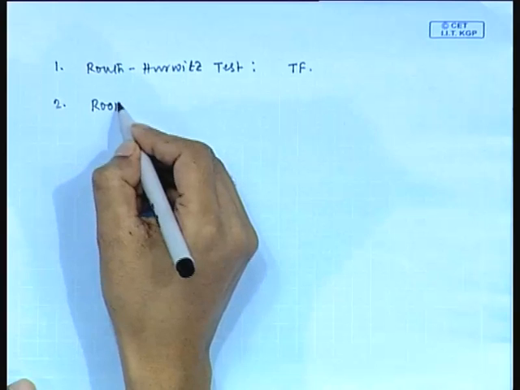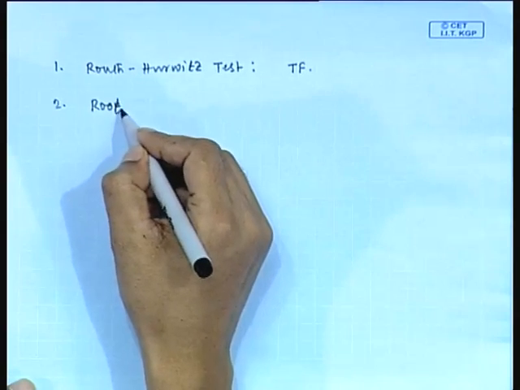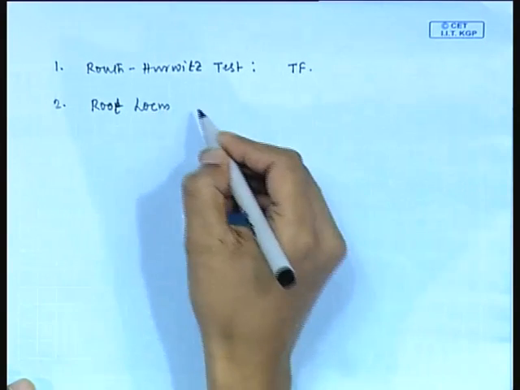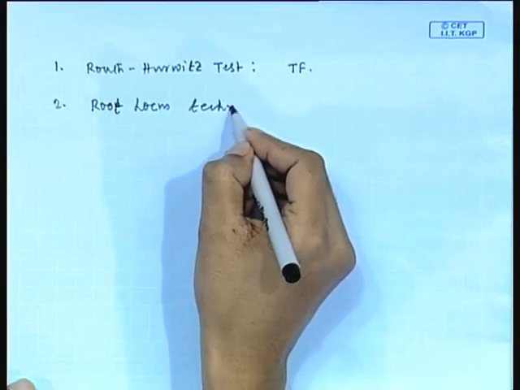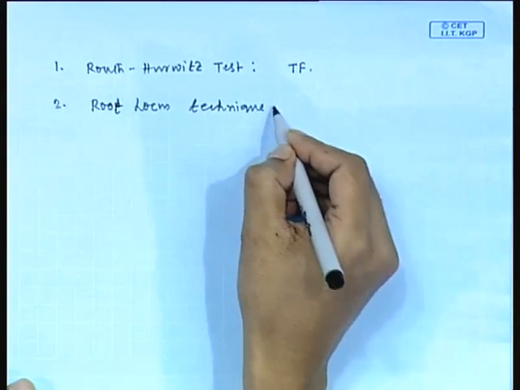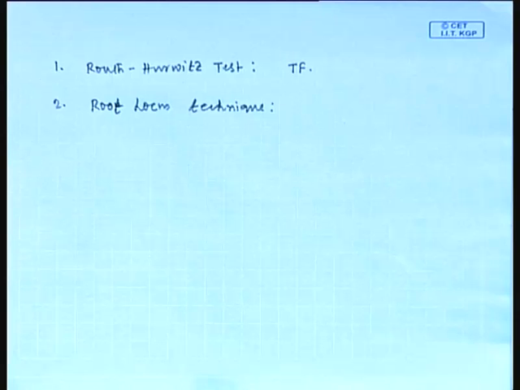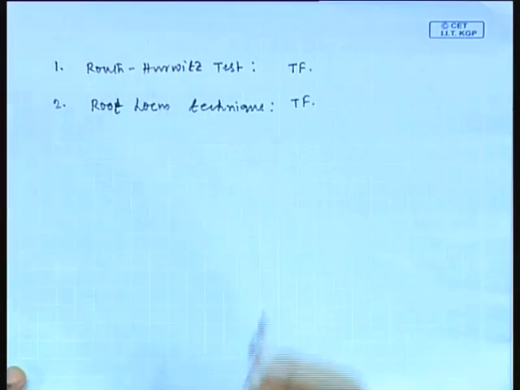Secondly, we discussed the root locus technique, which is a graphical technique. In the root locus technique also we need the process model, because we need to produce the plot by positioning the roots of the characteristic equation.